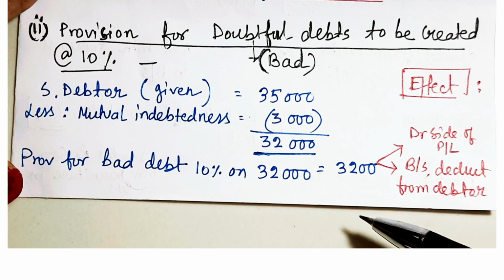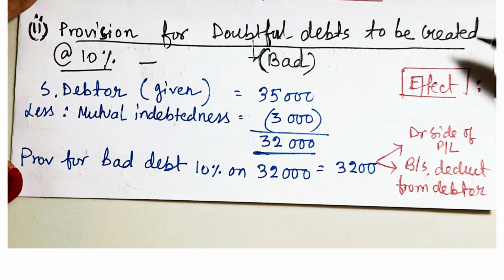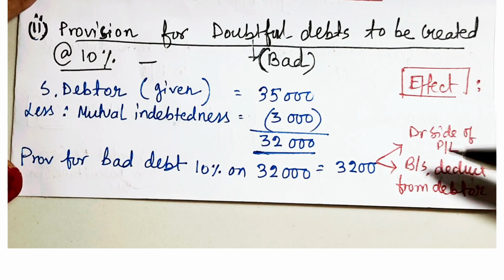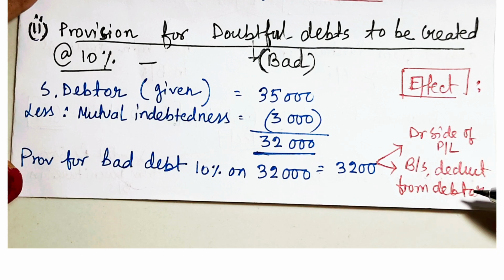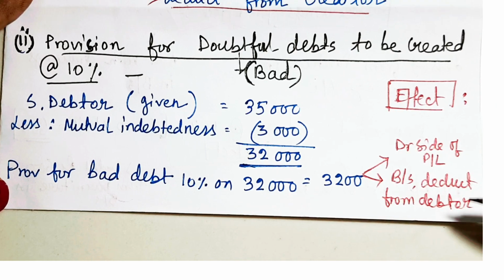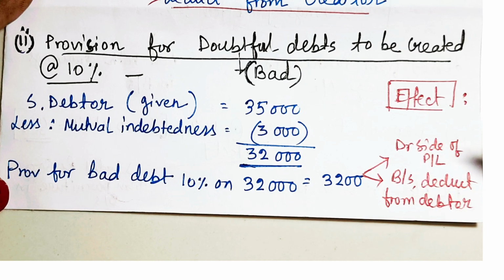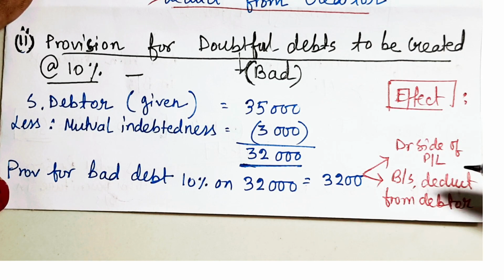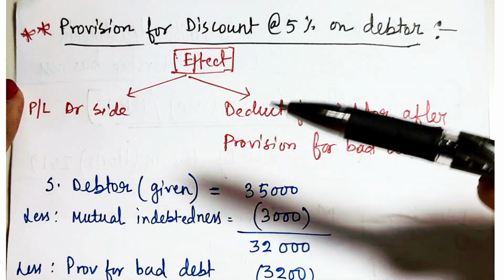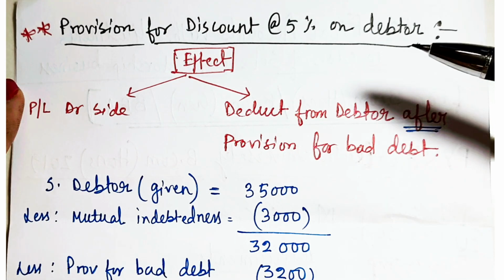Its effect will go in one place on the debit side of the PL, and the other in the balance sheet, where we will show it by deducting from debtor. Remember one thing, every effect of the adjustment entries will be going at 2 places. So, here also similarly, one will go to the debit side of the PL, and one in the balance sheet, where we will show it by minus from debtor. For the second part, we have to create provision for discount at the rate of 5% on debtor.